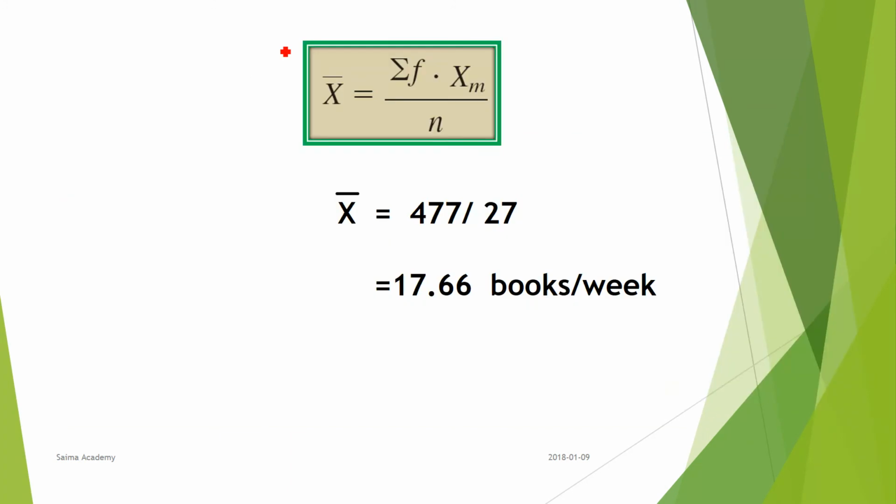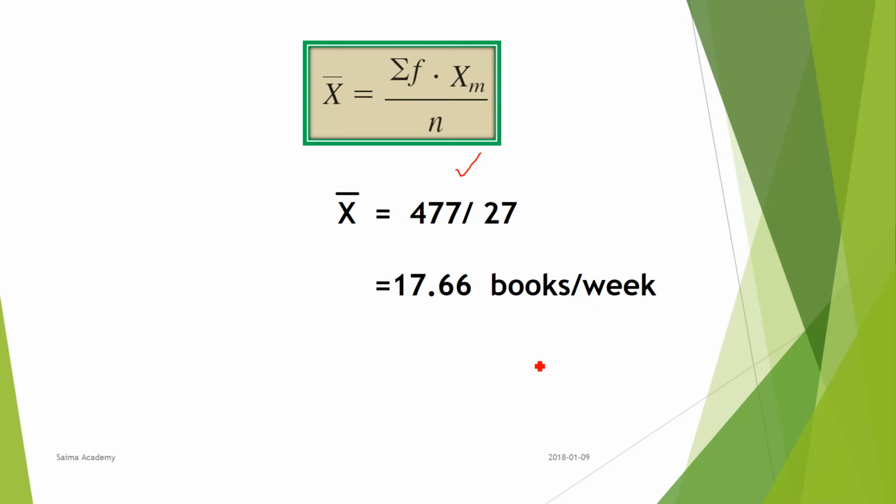And then what is the formula? X bar, right? This is the mean of the sample of group data. X bar is equal to summation of f dot xm, which is 477, divided by n, the total number of books. So the total number of books is 27. So when we divide, it is 17.66 books per week.